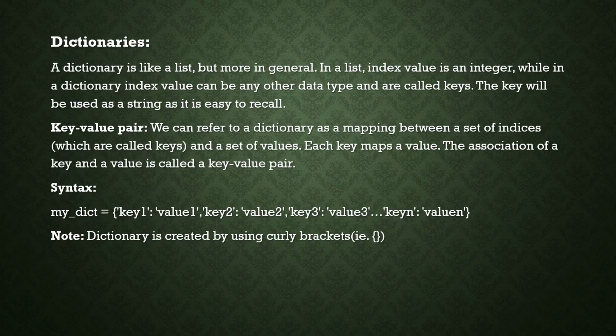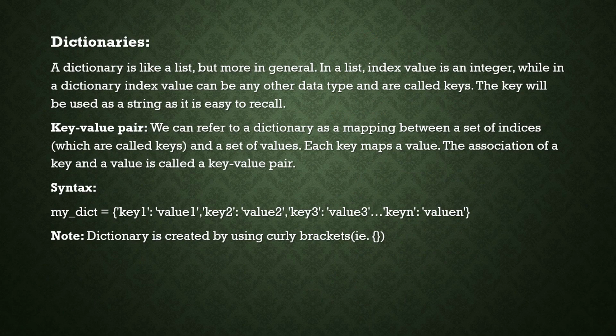And dictionaries. The next slide is about dictionaries. A dictionary is like a list. It was already explained last year. It is a pair of key and its value, key-value pairs. It's just like a list, but more general.